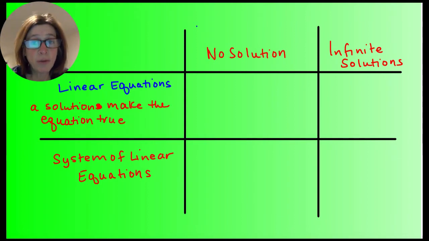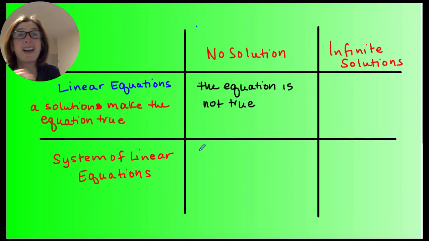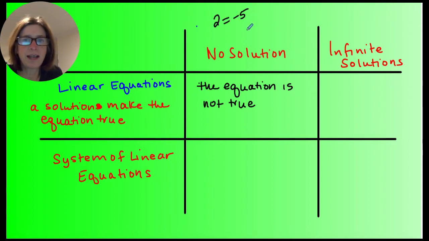So if it has no solution, the solution you get is going to make the equation not true, like 2 equals -5. That's not a true statement. So if you get that, it won't work.